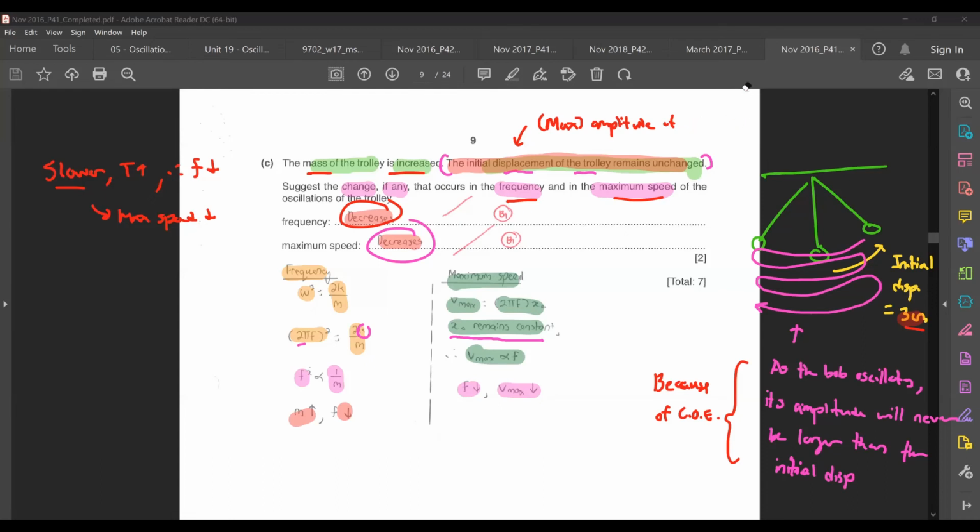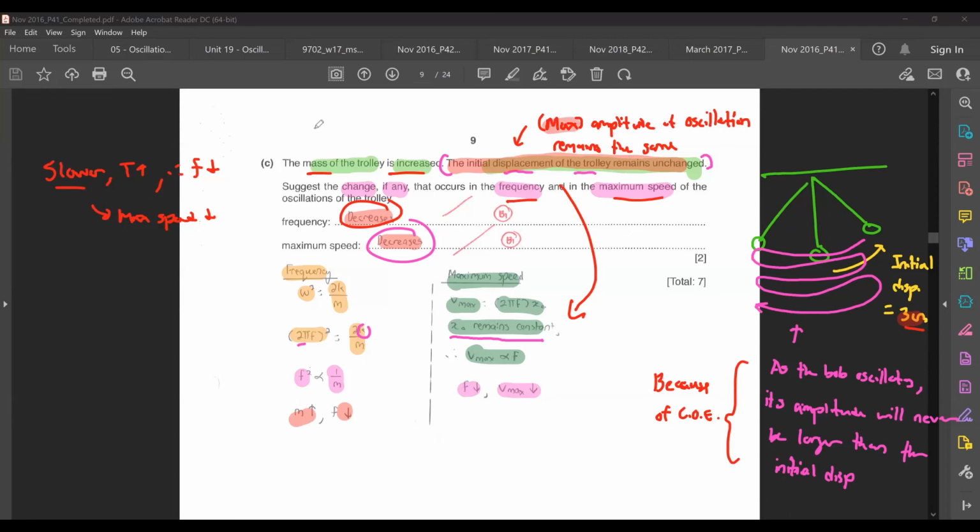Maximum amplitude of oscillation remains the same. It will only be able to drop, but it will never be able to gain. Your amplitude of oscillation will never be more than your initial displacement, but it can drop because of energy losses. That's the reason why I purposely put in the term maximum amplitude here.